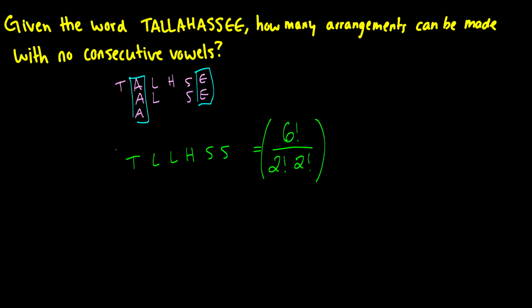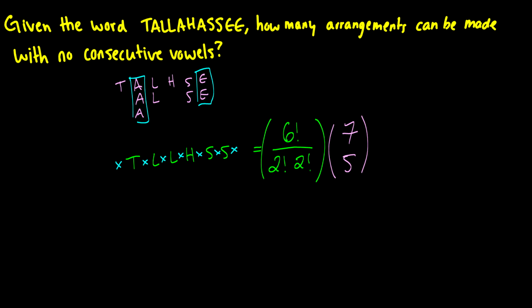We can place one before the T, between the T and the L, between the L and the L, L and the H, H and S, S and S, and right after the S. So there's 1, 2, 3, 4, 5, 6, 7 positions we can choose to put the vowels. So that's 7, and there are 5 vowels, so we have to choose 5. Now we've chosen 5 out of 7 positions.